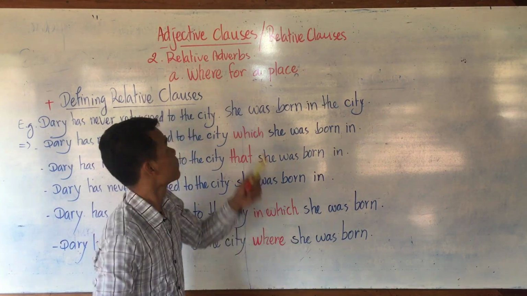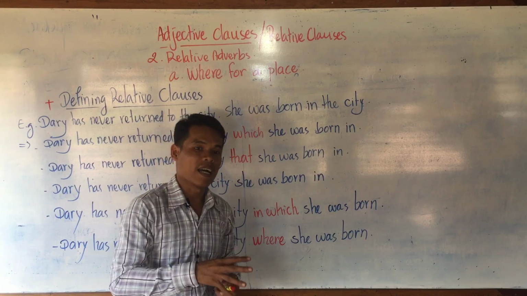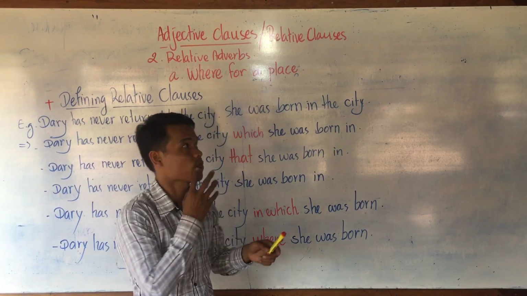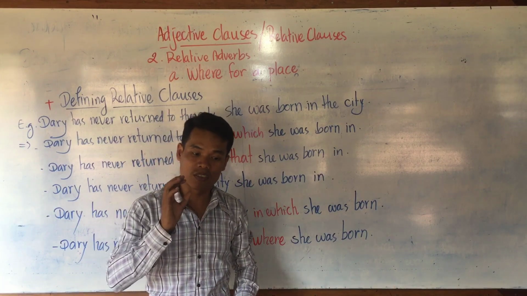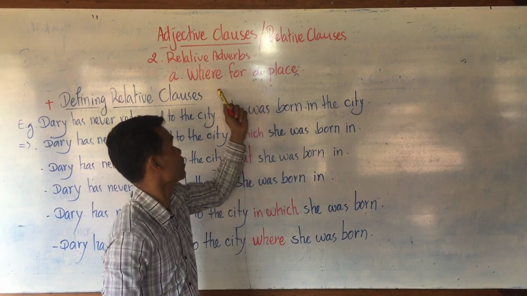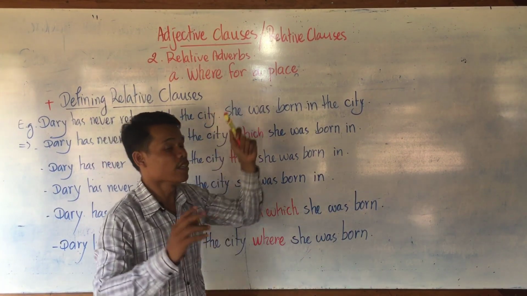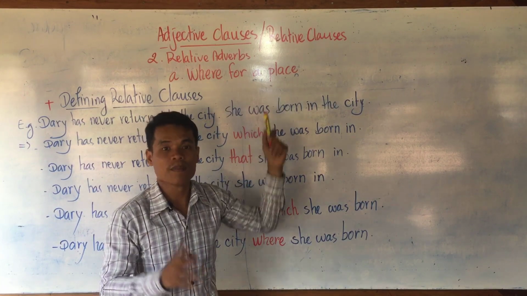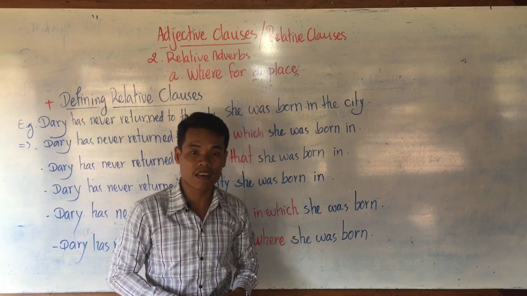How about this? According to some books, it is called relative adverb. Other books call it relative pronoun, but I prefer relative adverb here. Because when you talk about relative pronoun, it has a function, but for relative adverb here, no function at all. Where is used for a place, but it has no function, subject or object at all.